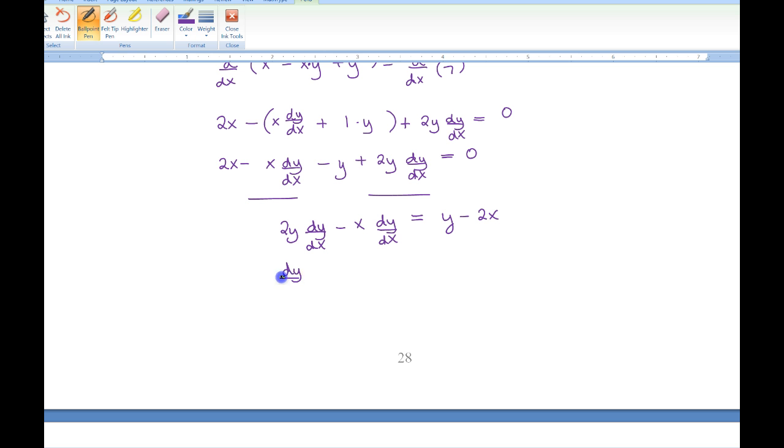Now we factor out dy dx and we get 2y minus x equals y minus 2x. Divide both sides. So y minus 2x over 2y minus x.